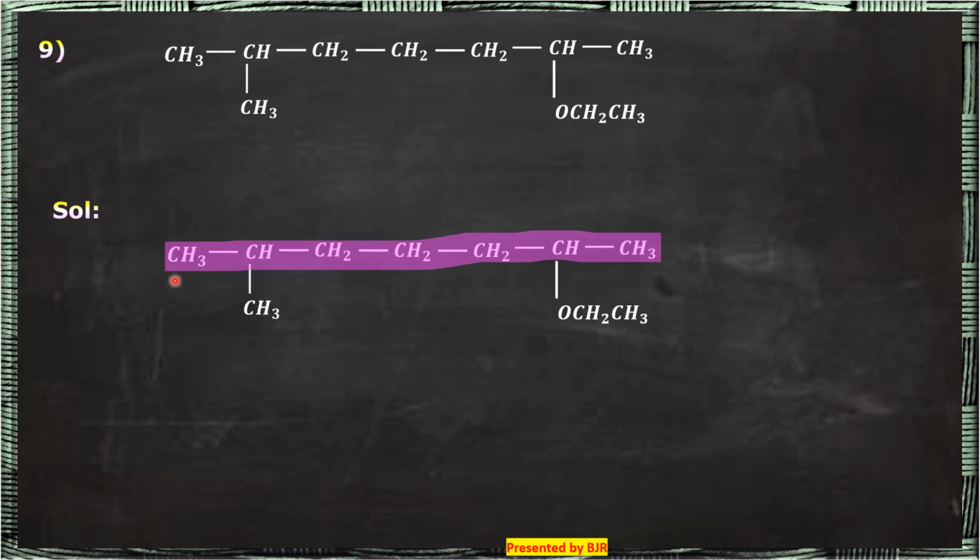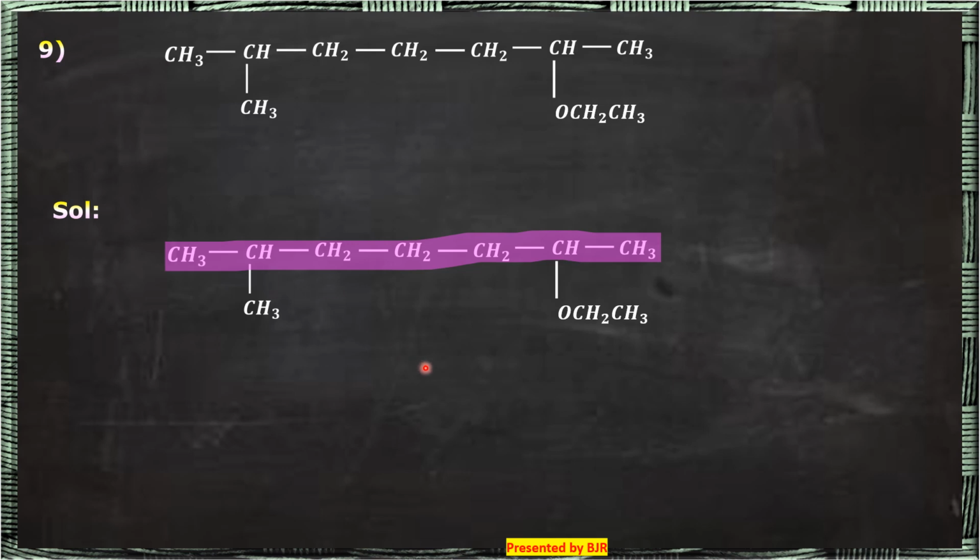If numbering is done from left to right, the carbon atom attached to this methyl group gets the second number. And if the numbering is done from right to left, the carbon atom attached to the ethoxy group will get the second number. That means these two carbon atoms are competing for the same position.